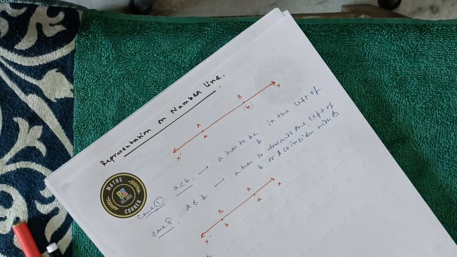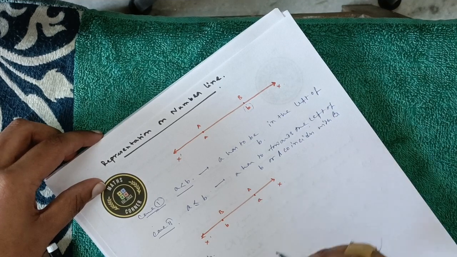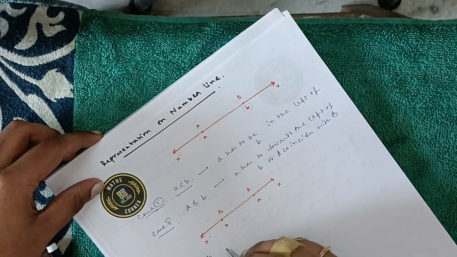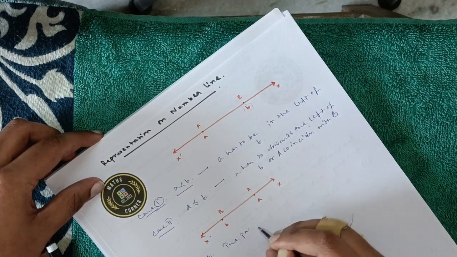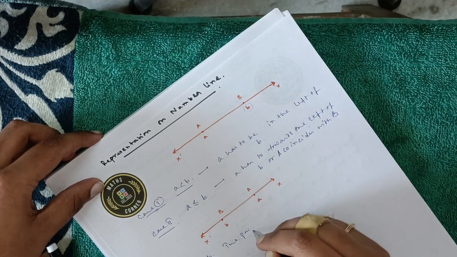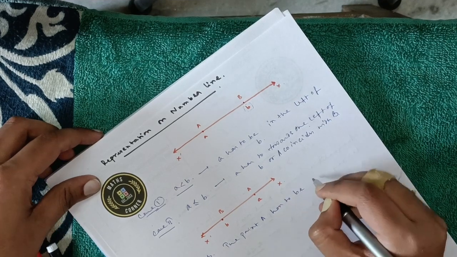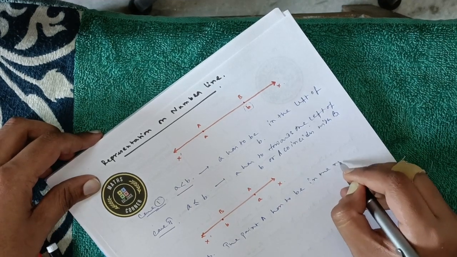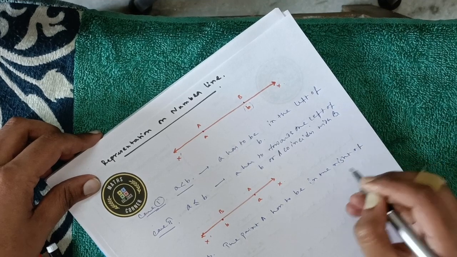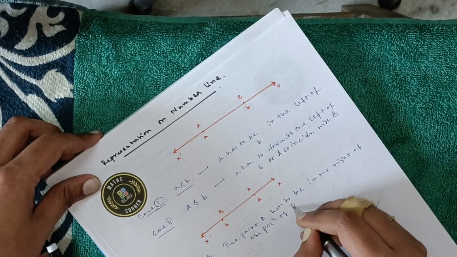If and only if the point A is towards the right of B. A has to be in the right of B. You can take any point, this A or this A. The point A has to be in the right of the position of B.